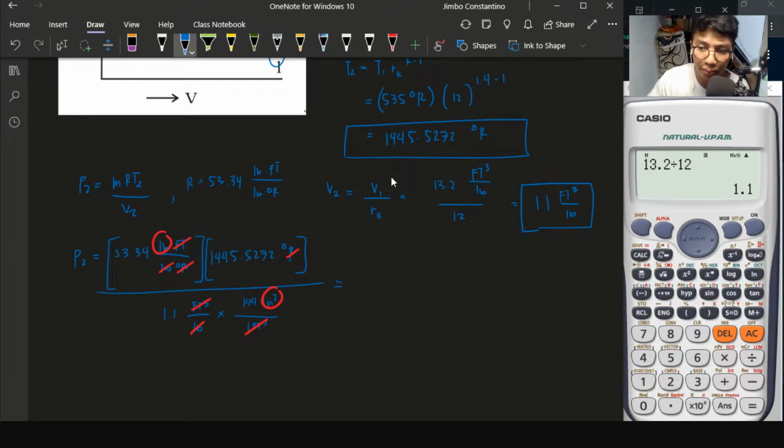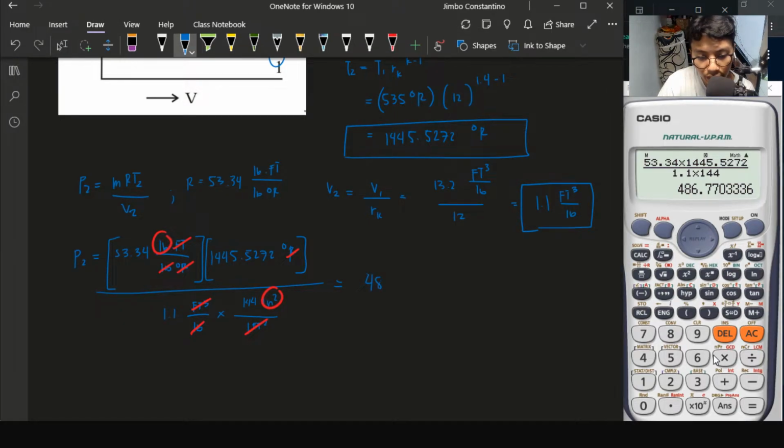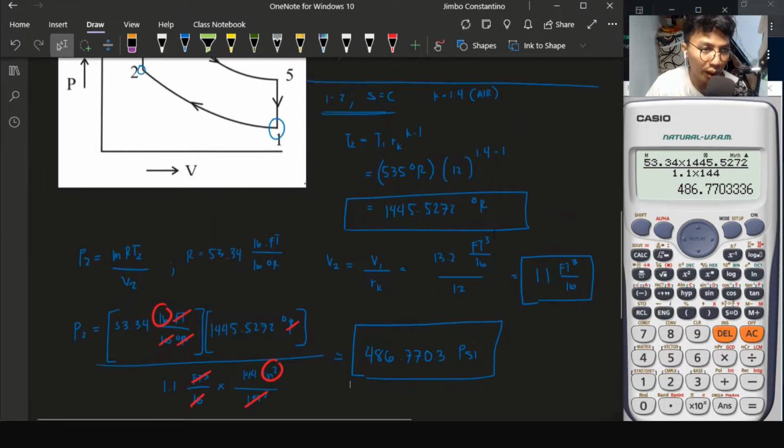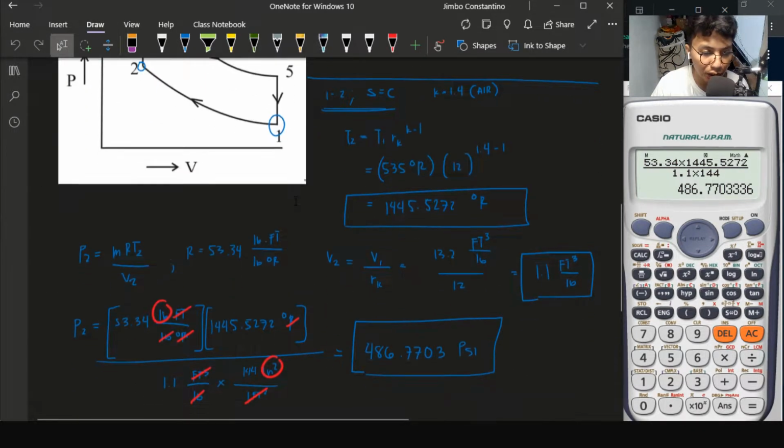So, equal to 53.34 times 1445.5272 divided by 1.1 times 144. The answer is 486.7703 PSI. That is for pressure 2. Anong hinahanap? Pressure and temperature at the end of isentropic compression. Check.